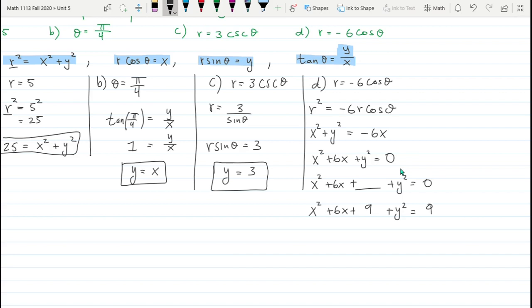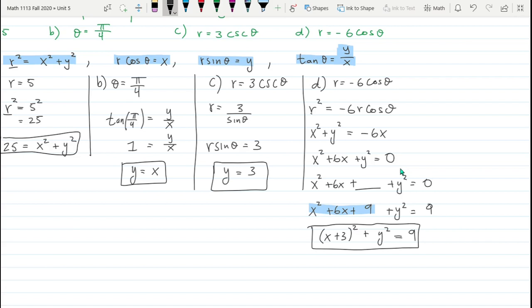And then this right here can now be factored perfectly into x plus 3 squared plus y squared equals 9. And so now we're done. This is the best solution that we could use.